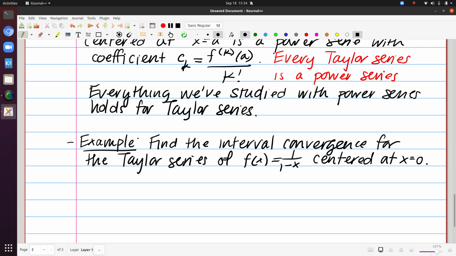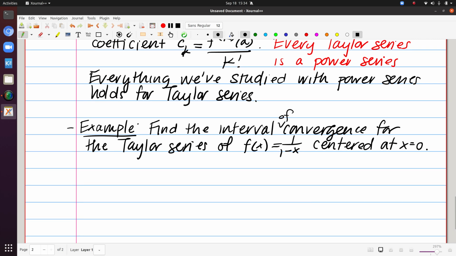So what we've observed before is that to find the interval of convergence, we first need to find the radius. And to do so, we need to use the ratio test.